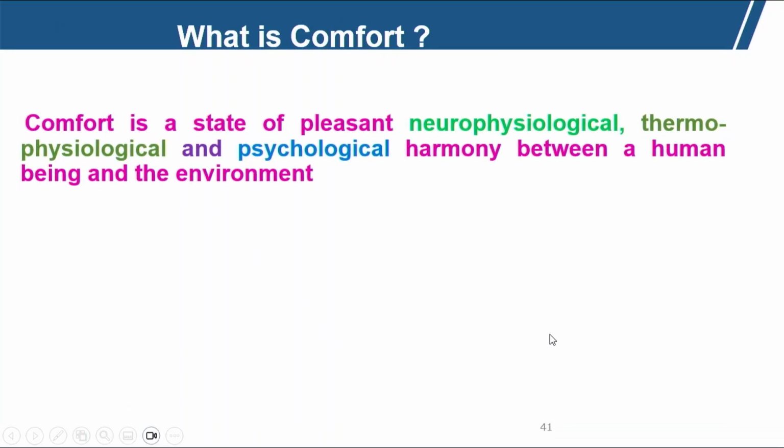If you see comfort by definition, it is a state of pleasant neurophysiological, thermophysiological and psychological harmony between the human body and the environment. The human body always interacts with the environment, so this type of pleasant harmony should be there.